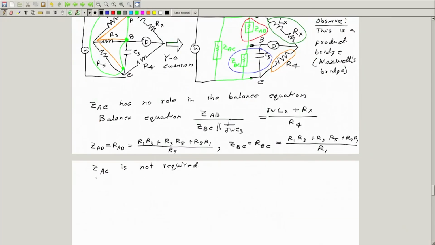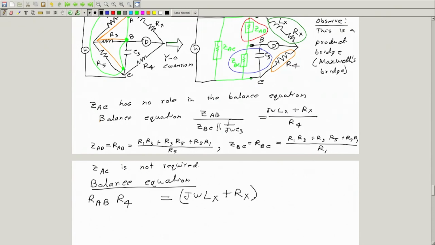So we can now write the balance equation. Product of these two, ZAB or RAB, RAB times R4 should be the same as the product of this branch and this branch, which is (j omega Lx plus Rx) multiplied by this branch.